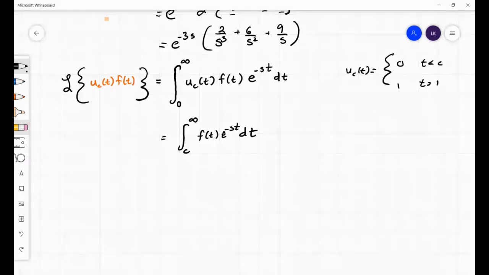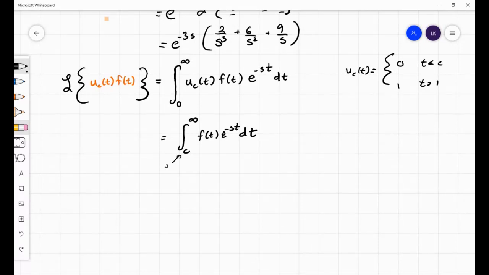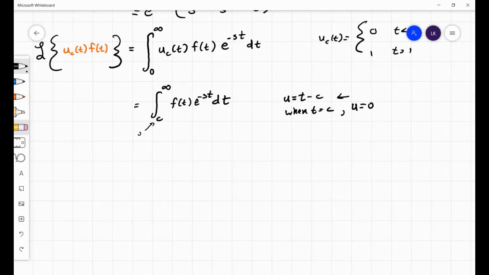In the definition, I need that improper integral to start at 0. So I want to define a new variable, let's call it u, which is the original variable, t minus c. I chose this because when t equals c, u will be 0. That's equivalent to doing a direct substitution where t is equal to u plus c. And notice that dt is equal to du.